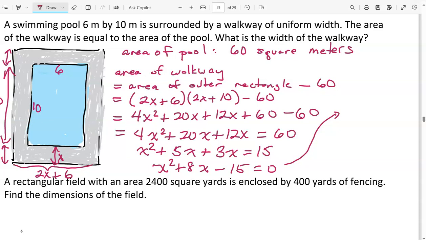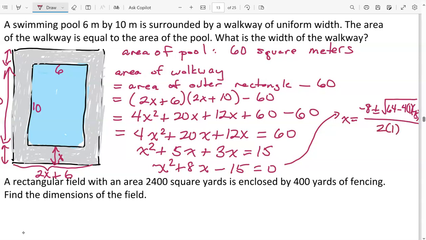As it turns out, this expression here does factor. I'm sorry, the expression does not factor. And so we're going to use the quadratic formula. x is equal to the opposite of b plus or minus the square root of b squared, which is 64, minus 4 times a, which is 1, times c, which is negative 15, all over 2 times a.